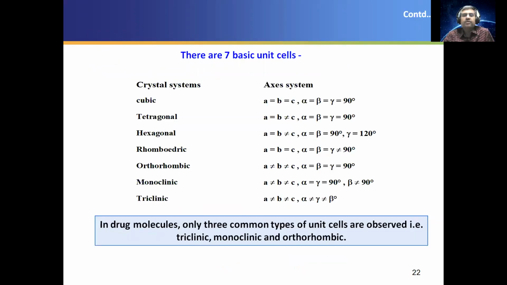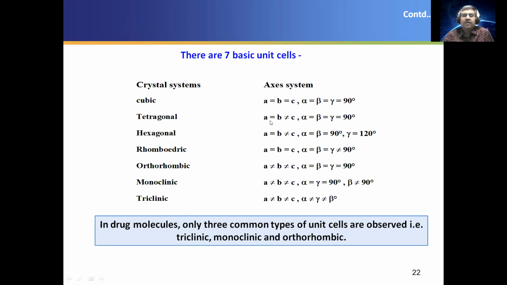There are seven basic unit cell arrangements called cubic, tetragonal, hexagonal, rhombohedral, orthorhombic, monoclinic, and triclinic. The six parameters that we studied are shown in this column. In the cubic, a equals b equals c, and alpha, beta, and gamma are all equal to 90 degrees.